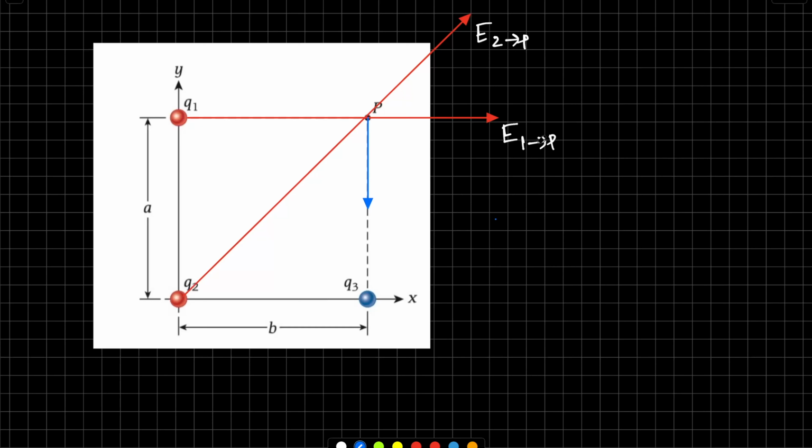It will be towards the charge. So this is the electric field by charge 3 at point P, the direction of the electric field by charge 3 at point P.